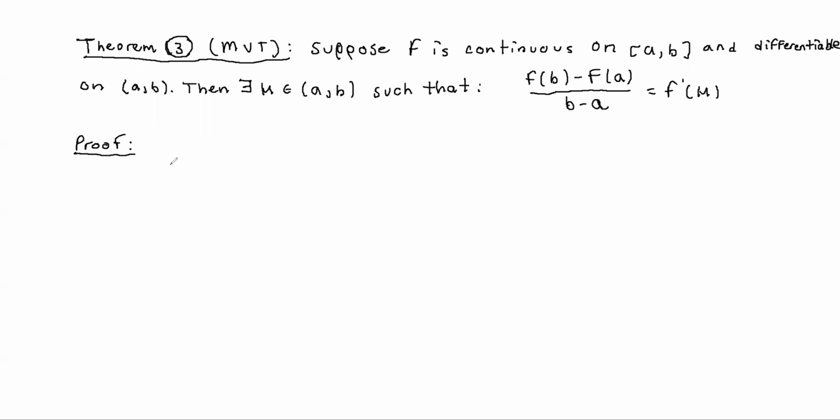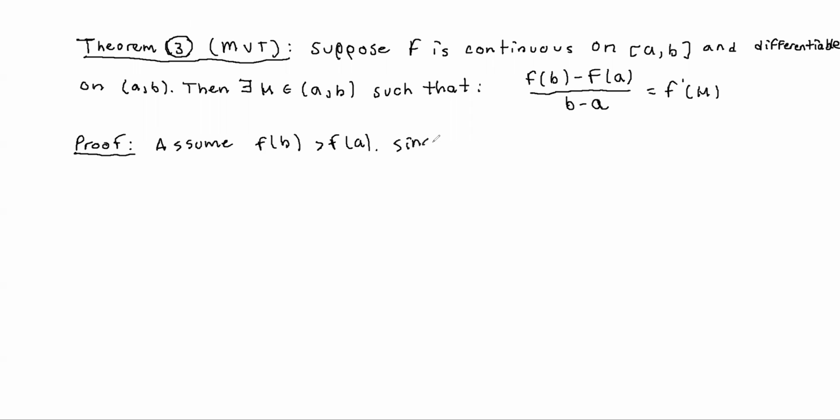So the way I'm going to do this proof is I'm going to first assume f of b is greater than f of a. So that's without loss of generality. You could assume the other way around. It won't make a difference.